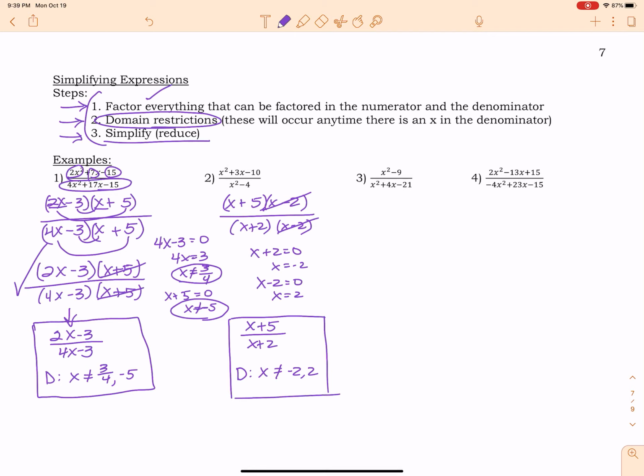All right, next example, I'm going to factor. All right, now I'm going to find my domain restrictions. I'm going to solve for my denominator.